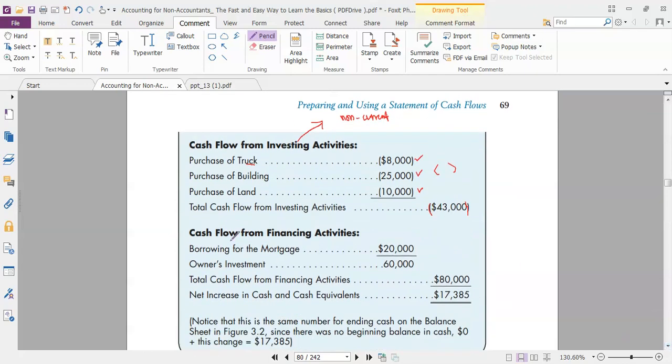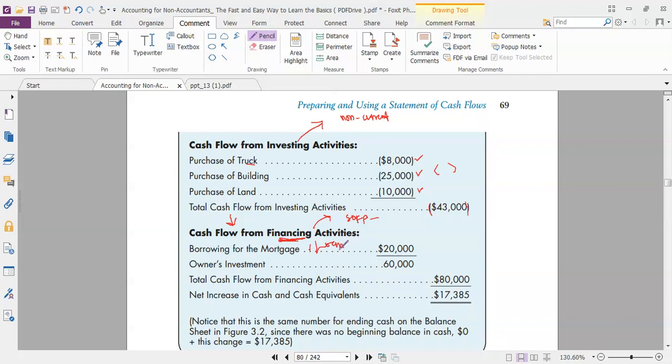Next, you continue with the cash flow from financing activities. You must remember, financing activities we get from the statement of financial position, about borrowing for the mortgage or loan from a financial institution.